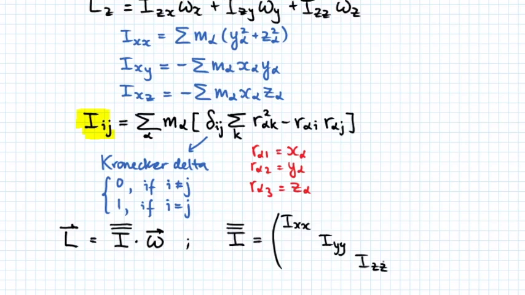It's not hard to see that this tensor will always be symmetric when it's written as a matrix like this. So it will be symmetric across the diagonal.